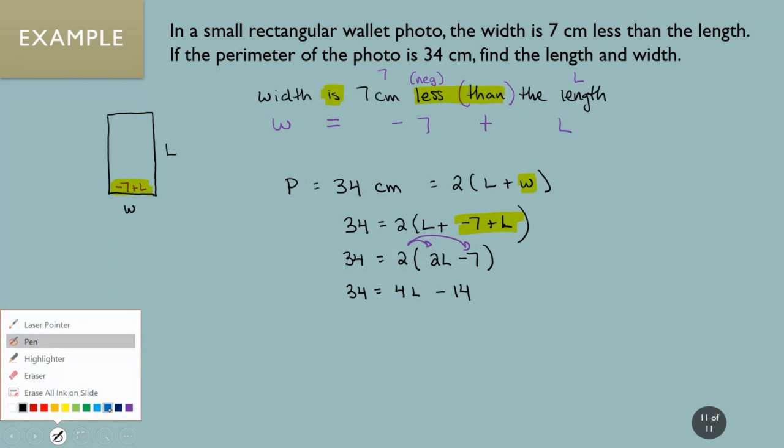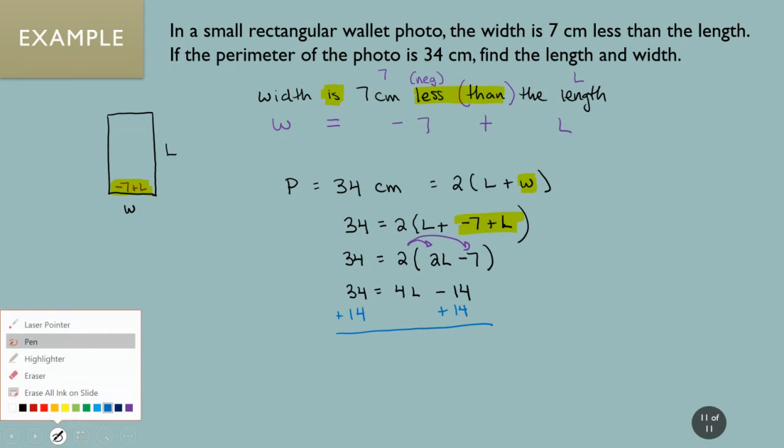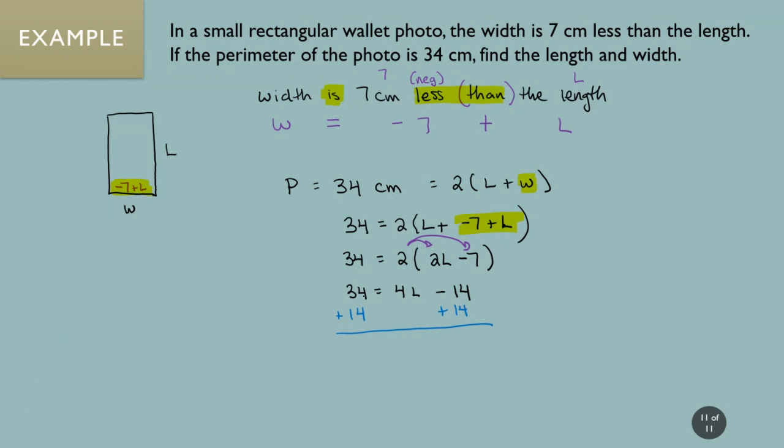So next step is to add the 14 to both sides. So 34 plus 14 is 48 equals 4L.